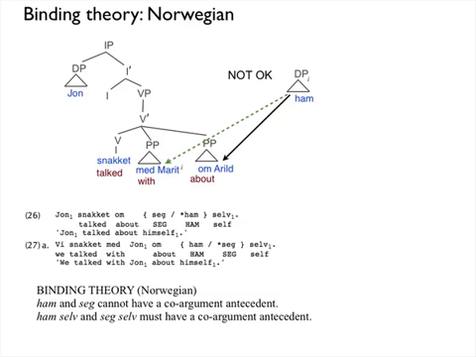And then there's the kind of reflexive thing, and those kinds of things have to have, in general, a coargument antecedent, right? But Norwegian has two kinds of each of those things. One kind is gender-specific in both categories, but the gender specificity is irrelevant for the general theory. What's relevant is other things.